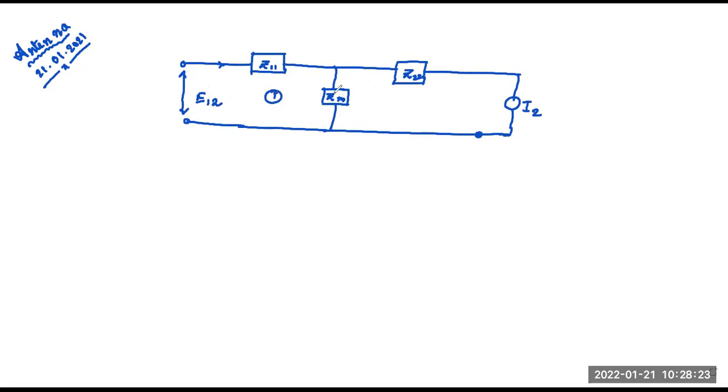This is number 1. This is number 2. This is another node. So these are the terminals of antenna number 1. We have already drawn this topology.